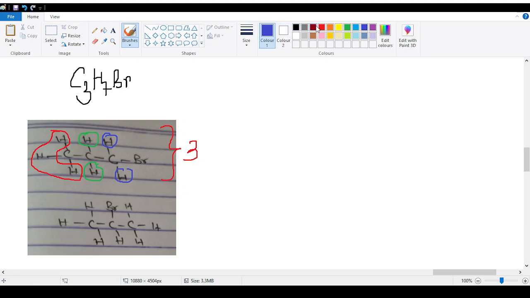And what about this molecule? How many different chemical environments do we expect?